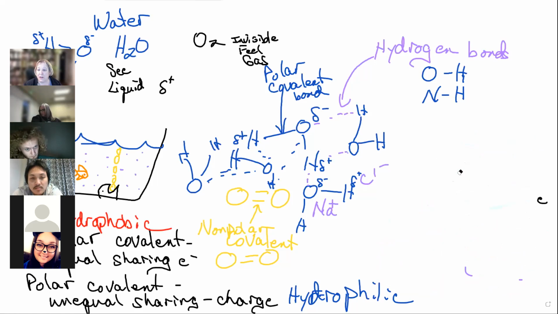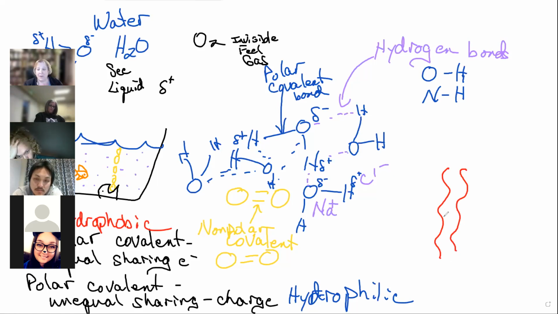There are some molecules that have two characteristics. There are some oils, lipids we call them, that have a whole lot of nonpolar covalent bonds between their atoms, and so this part is hydrophobic.